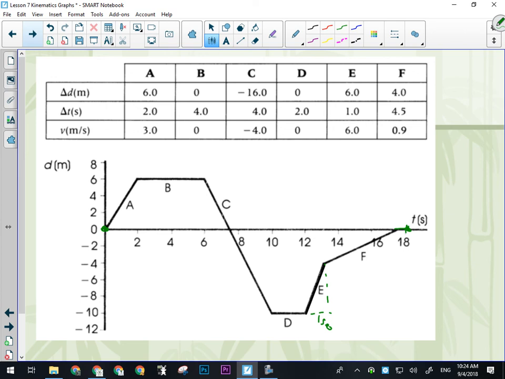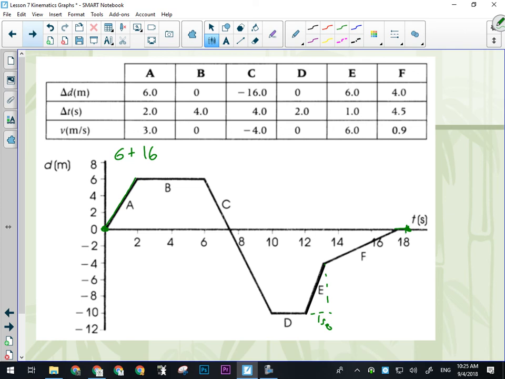Okay, here's how we arrive at that. Okay, total distance traveled is how far did the object go. Doesn't care which way it went, just how far did it go. All right, so in section A, we change our position from 0 to 6. That means we went 6 meters. Okay, how far did we go in B? 0, we didn't go anywhere. Okay, in part C, we go from +6 to -10. So that's 16 meters. Again, this is distance. It doesn't care whether I went forward or backward.